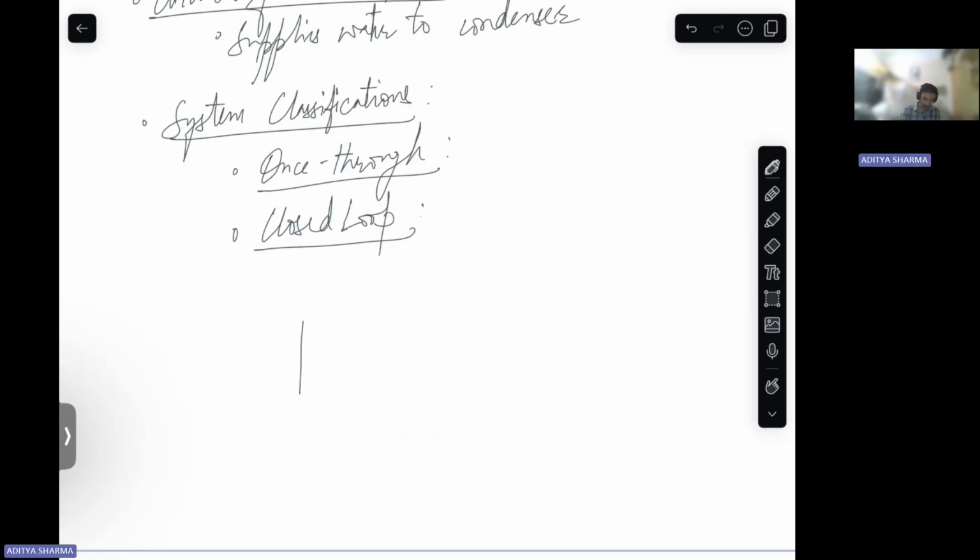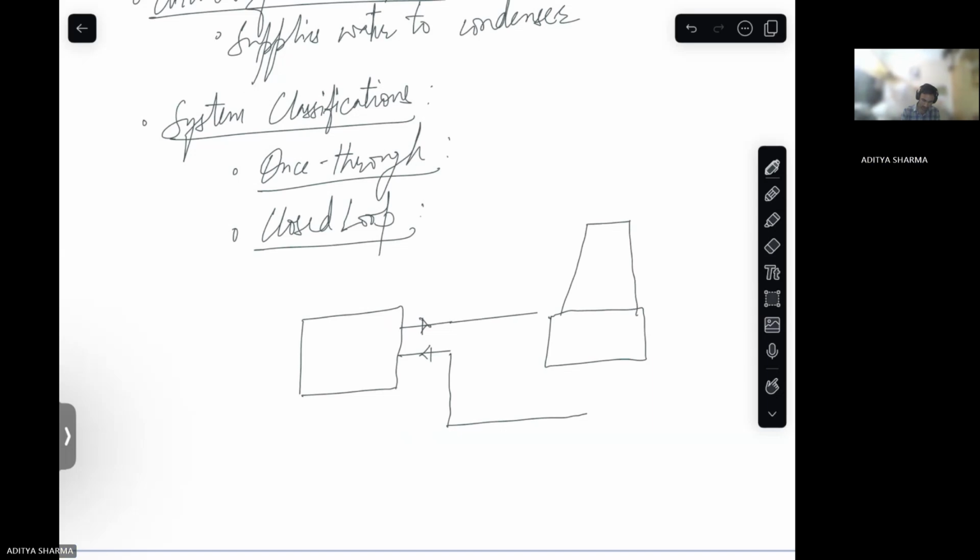If this is your condenser, this is your inlet, this is your outlet. What happens here is you have a cooling tower. It will go in this cooling tower, then again it will come back.